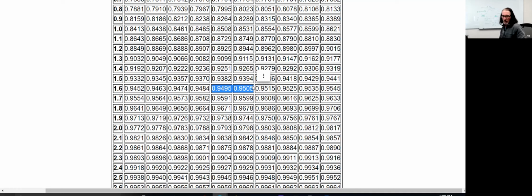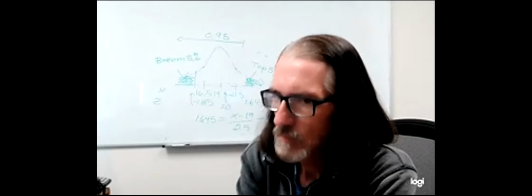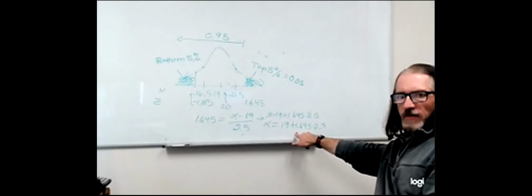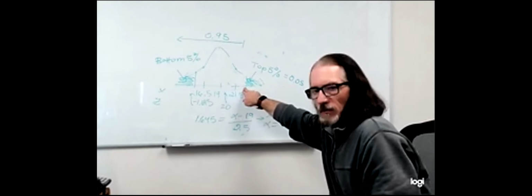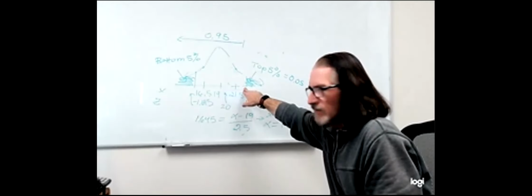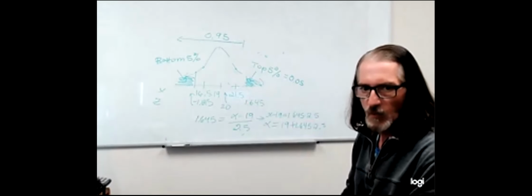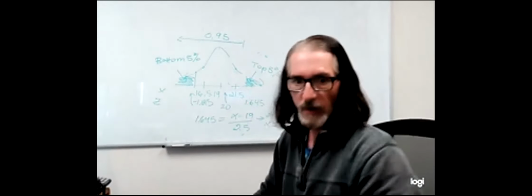And let me make sure you can see that. So I'm going to type it in all at once, and that's going to give us the bottom for the number of minutes to get in the top 5%, and we'll round it up to the next minute like they did with the technology approach.